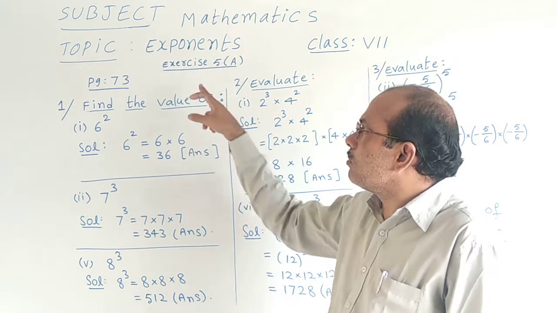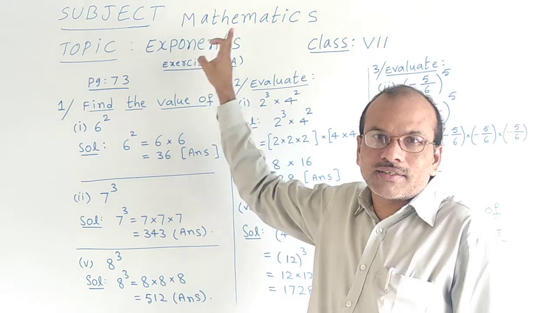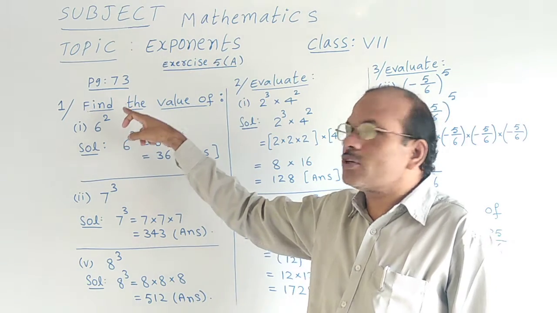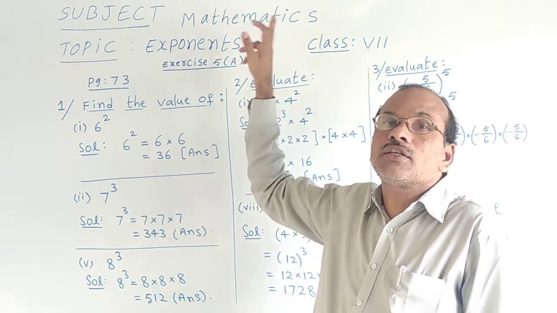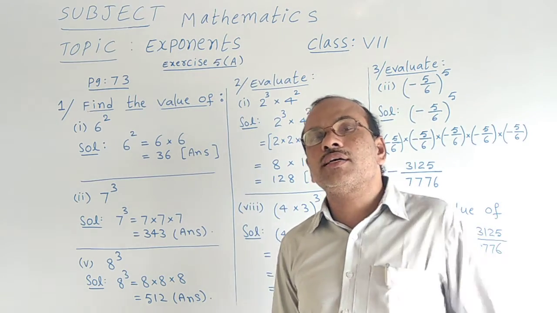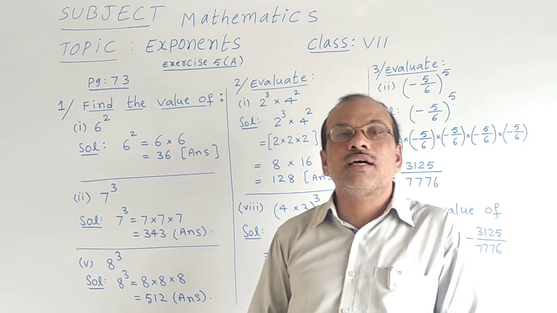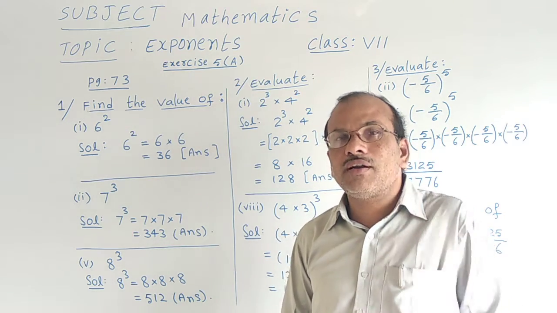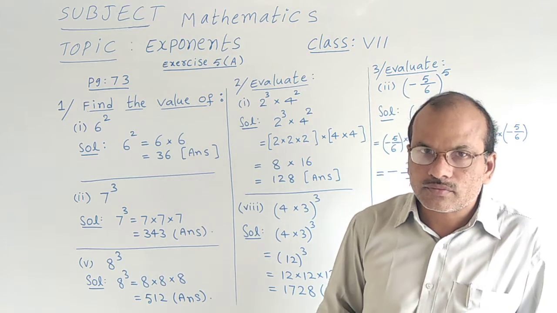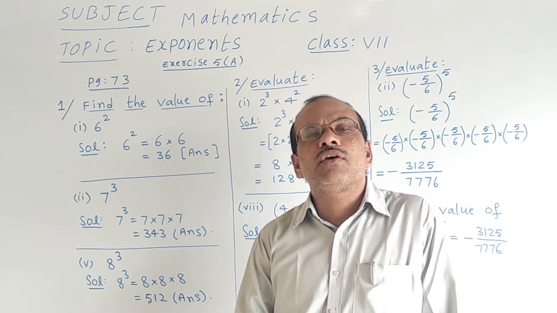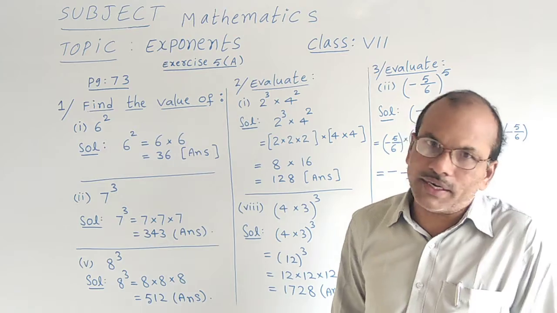That power is nothing but exponent. 6 to the power 2 is nothing but 6, exponent 2. That is also called the index. That exponent or power can also be called index. Then indices will be the plural form for index.